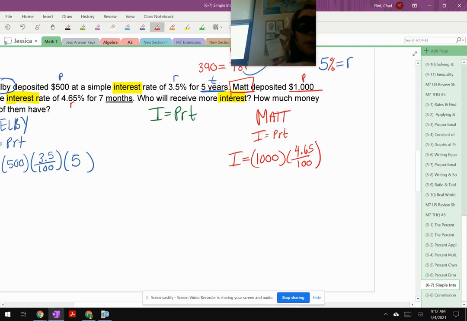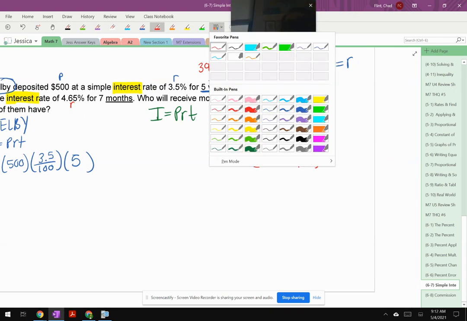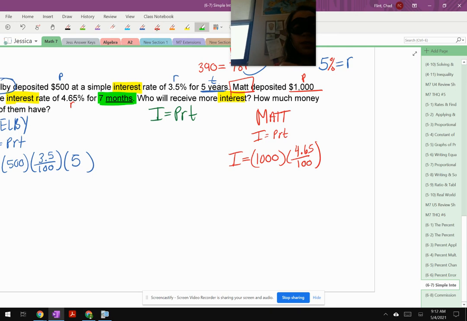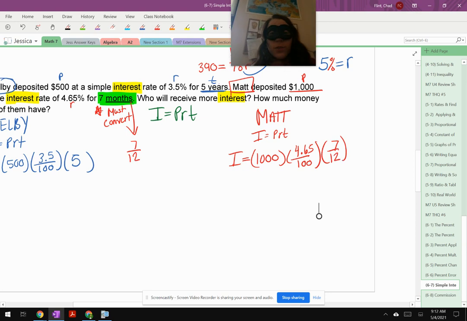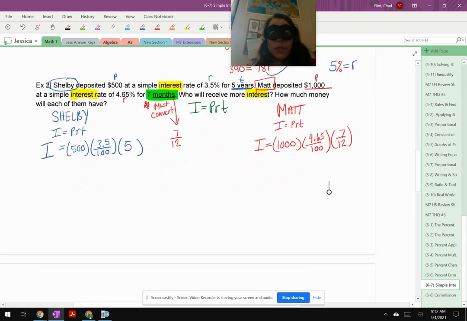And Matthew is only investing his for 7 months. Remember, you must convert. That 7 months has to turn into 7 divided by 12. Okay, so I've got these set up. Now we can do some calculating here.